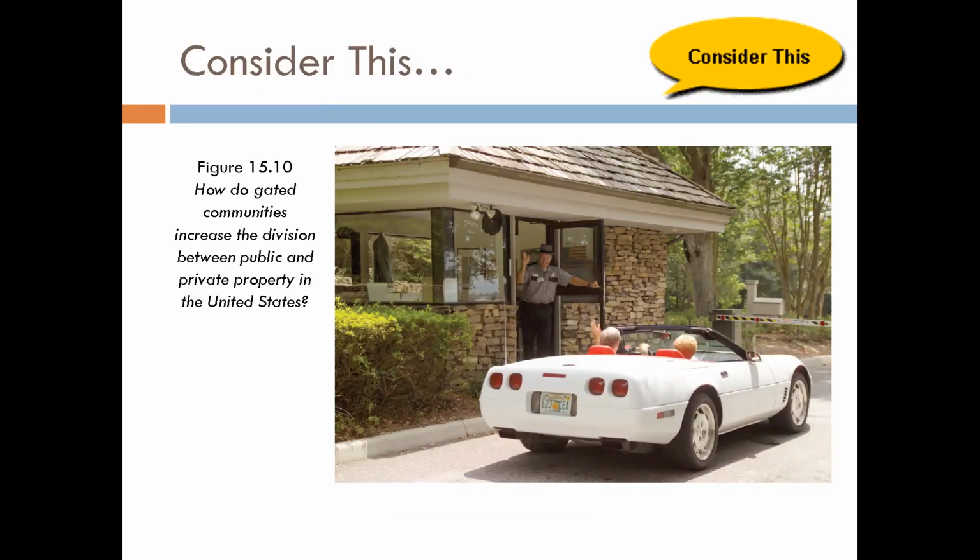So you can see near the final parts of the presentation, very modern and with different socioeconomic classes, a gated community, how the gated community increases the division between public and private property in the United States.